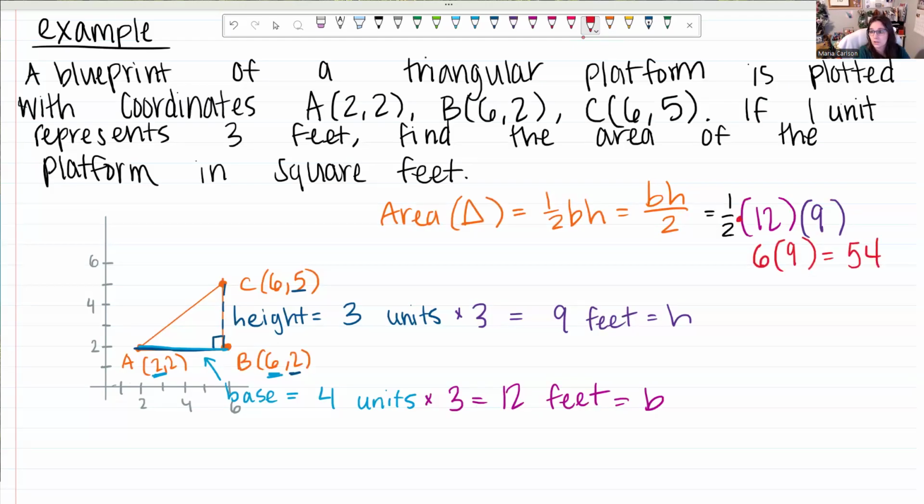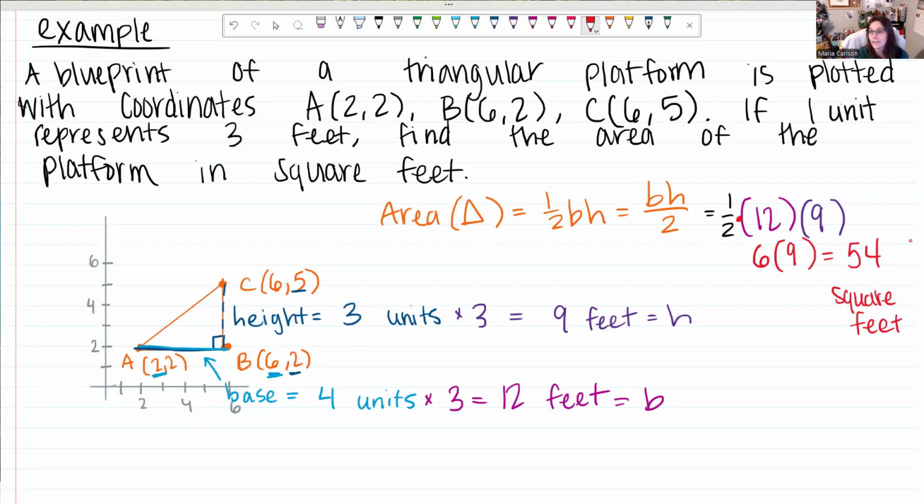And since we converted this all to feet, this is 54 square feet. You'll notice I needed to convert each length, the base and the height, into feet separately. If I multiplied 3 times 4, base times height, and then just multiply that times 1/2, that would give me 6 as an area in units. And that multiplied times 3 does not give me 54.